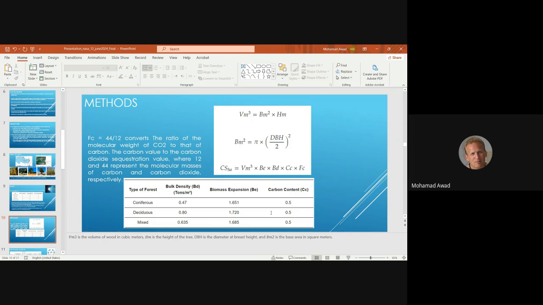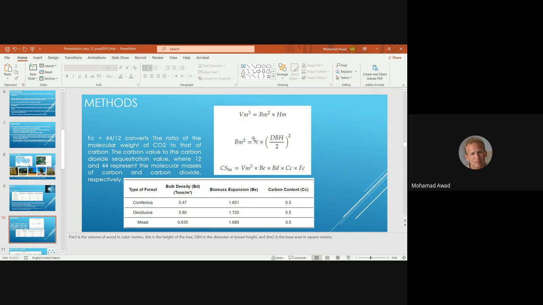The methods. First of all, we calculated the quantitative value of sequestered carbon by samples based on the following equations.